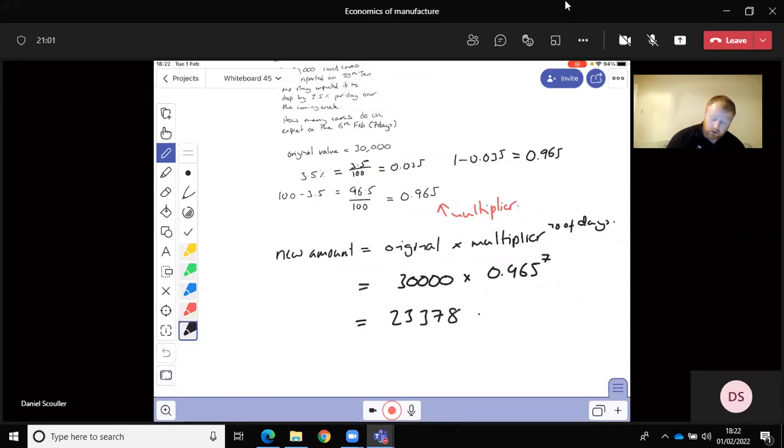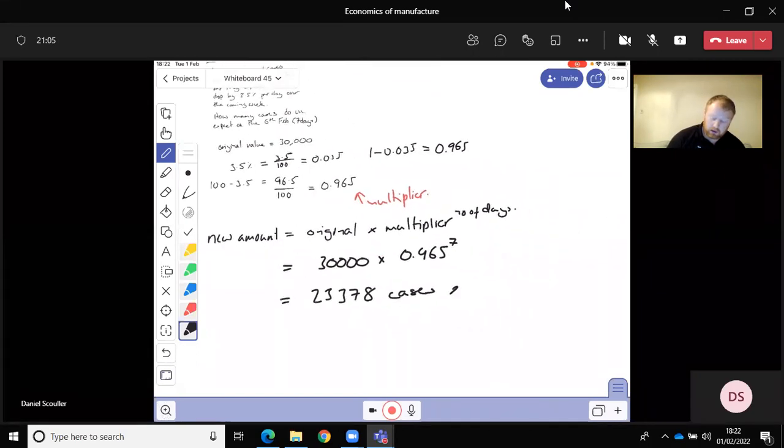Remember to put whatever units they've put, cases expected. So always give those units at the end, whatever those units may be. It could be something completely obscure. It might be pounds, usually pounds, or a monetary value. It could be a number of days, or a number of cases.